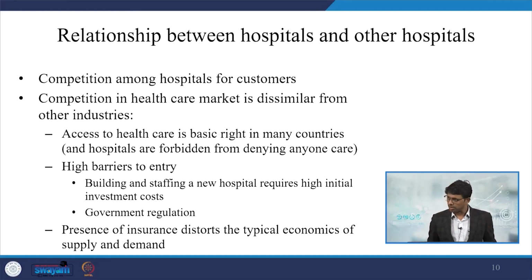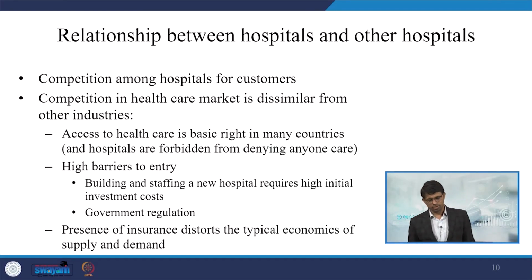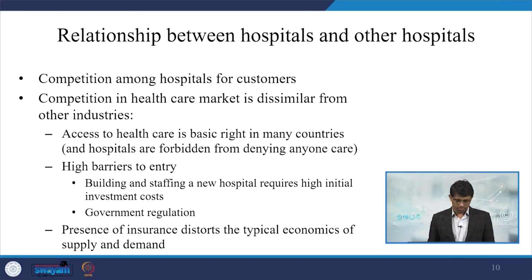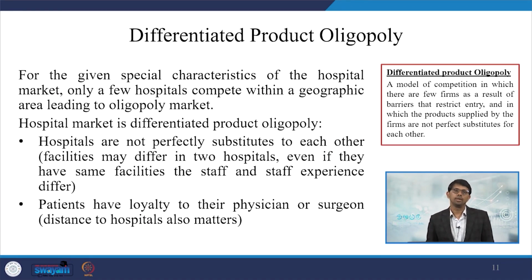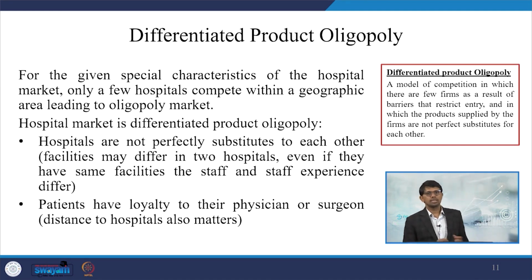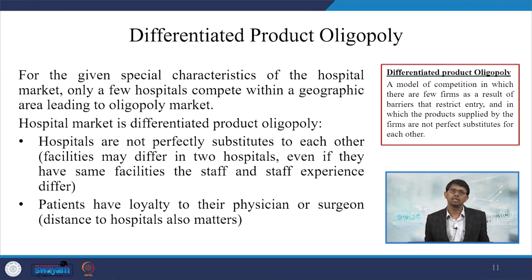Another important direction in the relations between hospital and other hospitals is the presence of insurance, which distorts the typical economics of supply and demand. We will discuss all sorts of things one by one. As I already discussed from the very beginning of this lecture, it is about the formation of a market, that is called a differentiated product oligopoly.